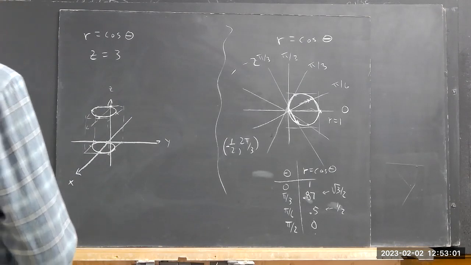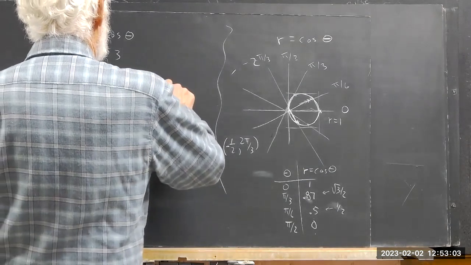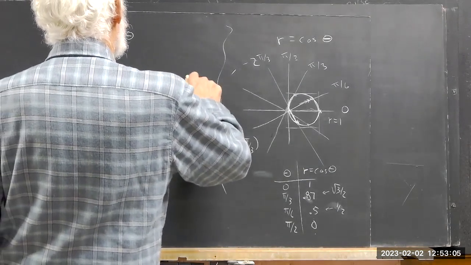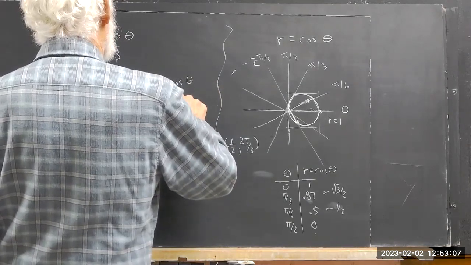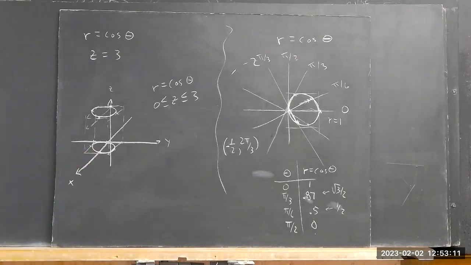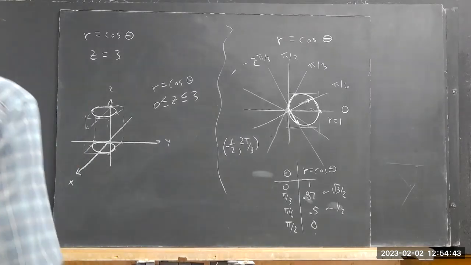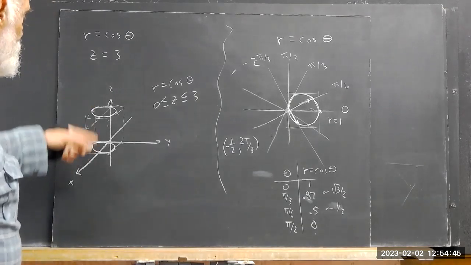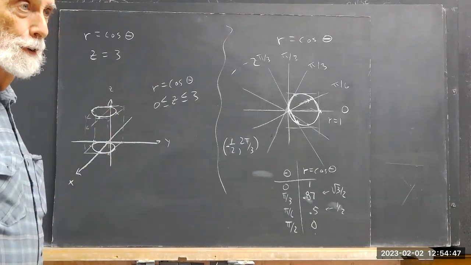Well, how about r equals cosine theta, z from 0 to 3? There are two ways I can draw this. I can start connecting vertical lines here, and you get a pretty good picture.